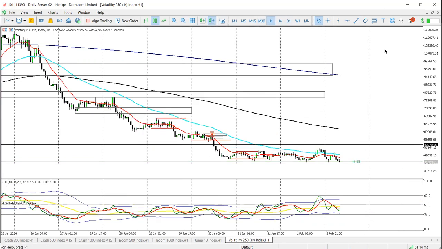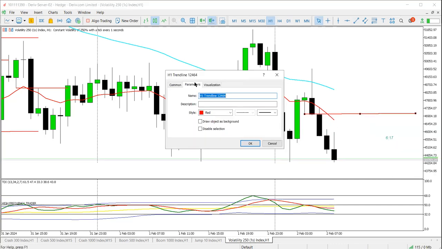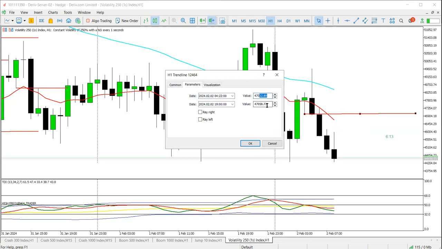Okay, nothing on H4. In H1, I've got this level here, which was broken, 47,012.